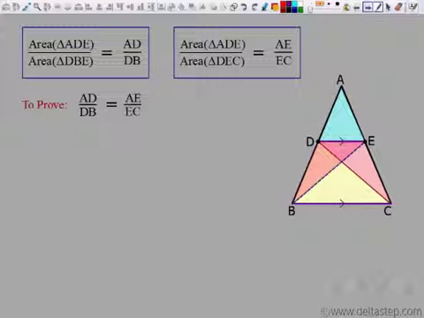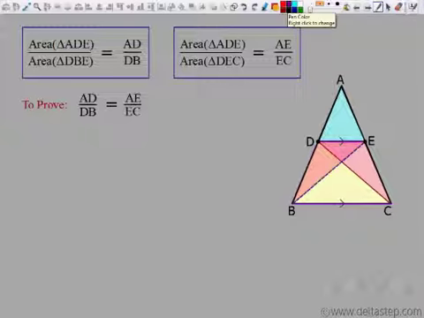So let us proceed. What you see is that these two triangles, which are DBE and DEC. Let's come to these two triangles. So this is DBE and this triangle is DEC. In these two triangles, you will observe that both of them are between two parallel lines.